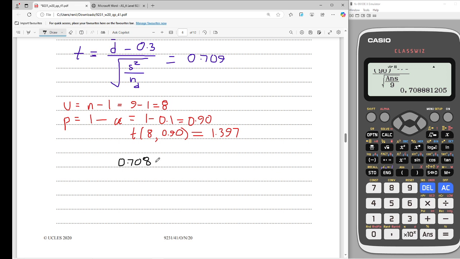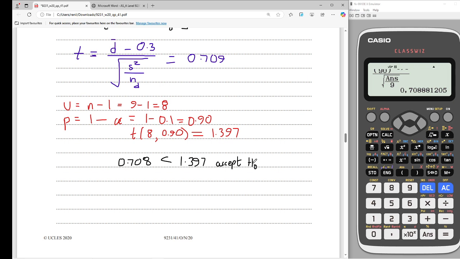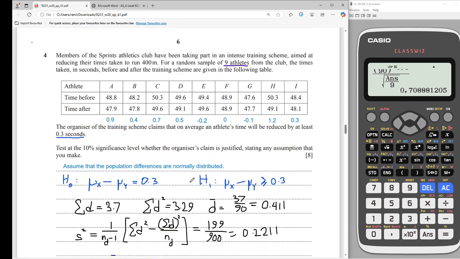Finally, we have the very statement that we need to write. So 0.709, we have that test statistic, and we have a critical value. Over here we have to compare between these two. Our critical value is greater, so whenever our critical value is greater in inferential statistics based questions or chi-square based questions, we accept H null. Okay, we accept the null hypothesis.